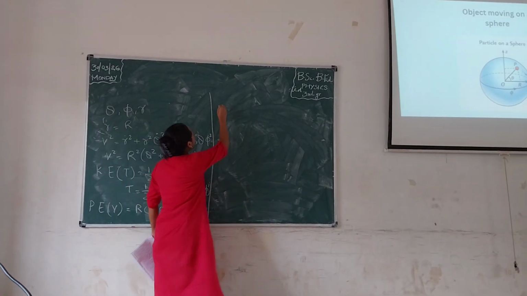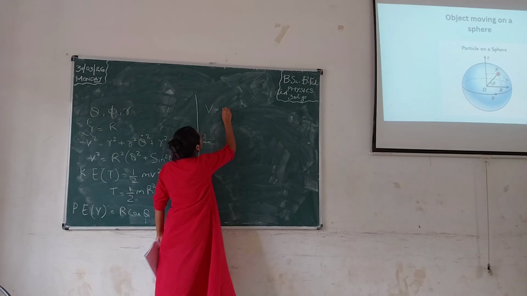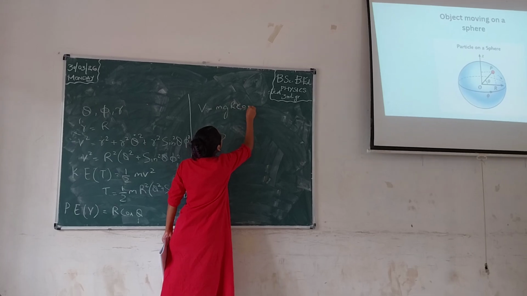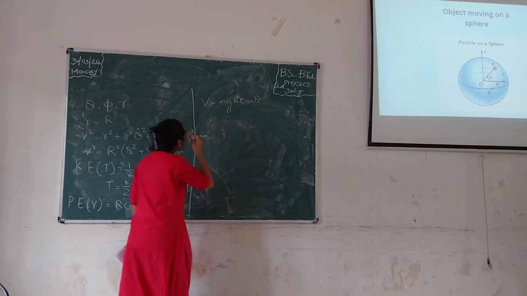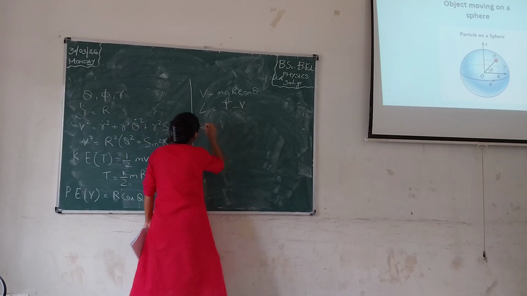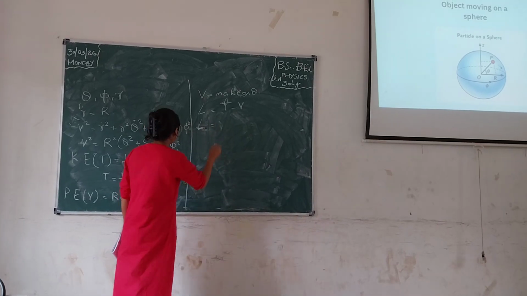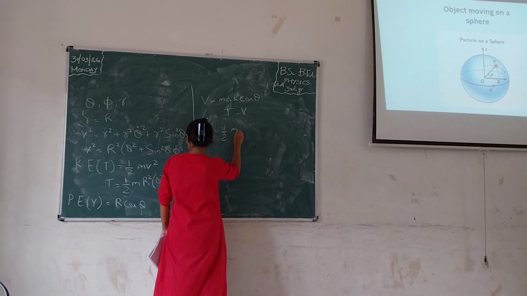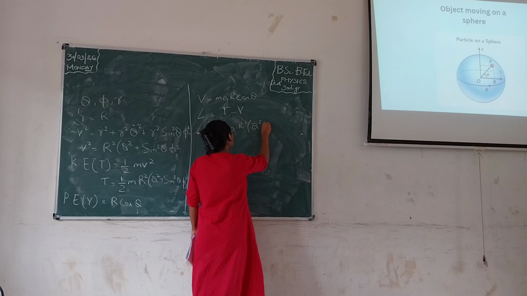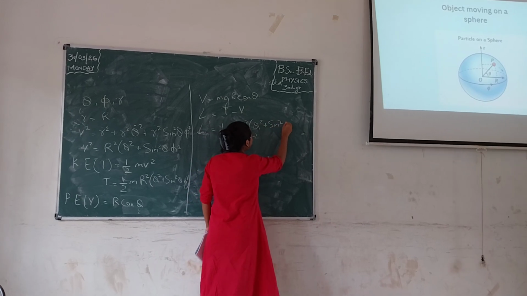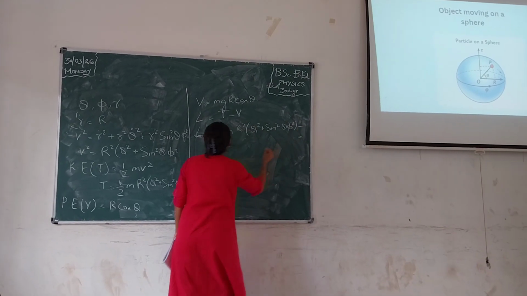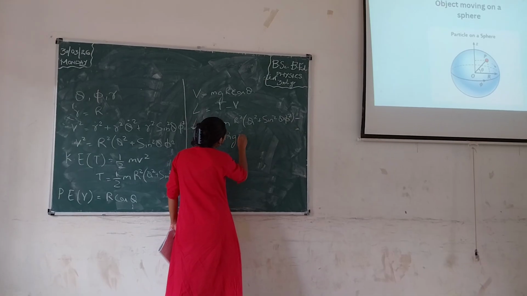So V is equal to mg r cos theta. So the Lagrangian L is equal to T minus V, that is L is equal to half m r square into theta dot square plus sin square theta phi dot square minus V, which is equal to mg r cos theta.